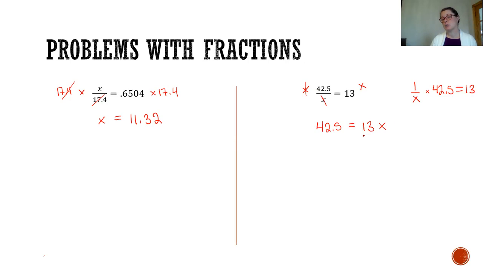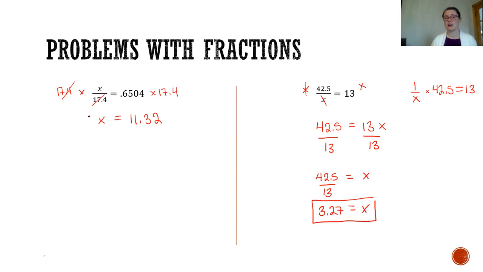So 13 times x means we have to now divide by 13, divide by 13, and we end up with x is equal to 42.5 divided by 13, which is equal to 3.27. So this would be our final answer. I like going back and putting boxes around them because I just find it easy to find them on the page. Just a good habit.